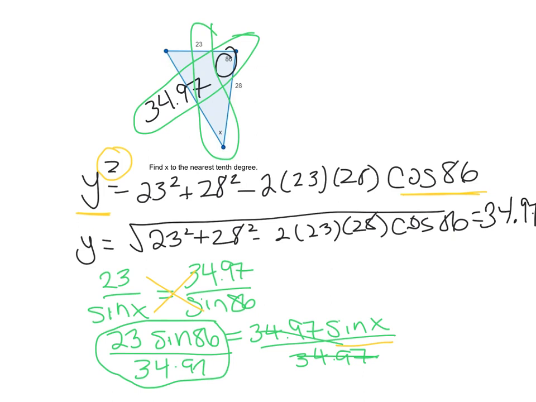And I know I'm looking for an angle. So when I want to find an angle, I'm going to use the inverse key. I'm going to type in my calculator sine -1, and then type all that in: sine -1 of 23 times sine of 86 divided by 34.97.